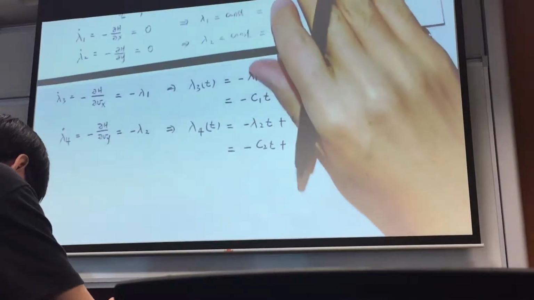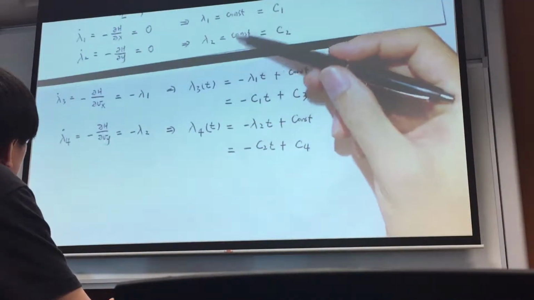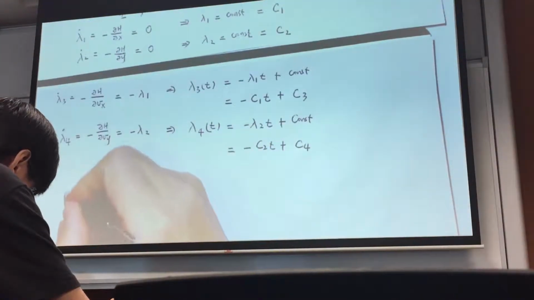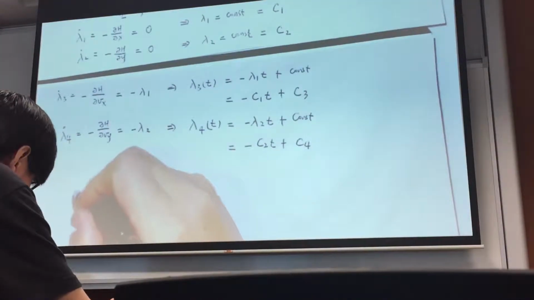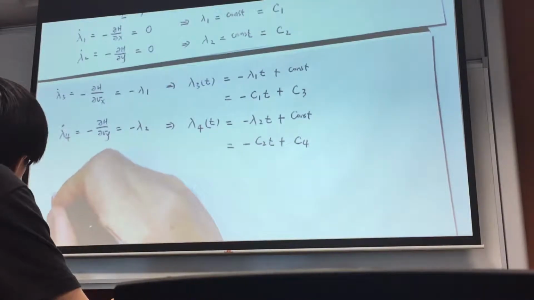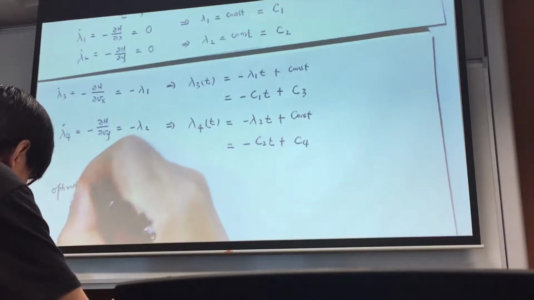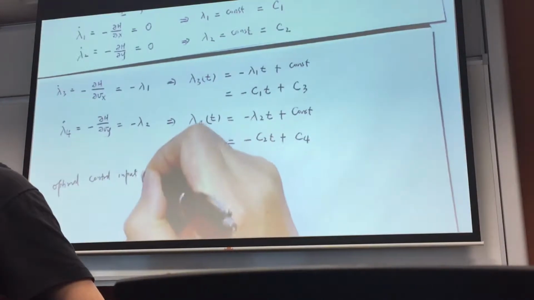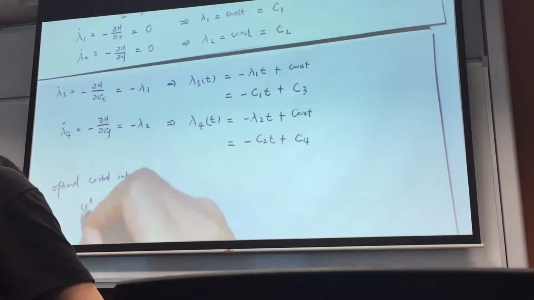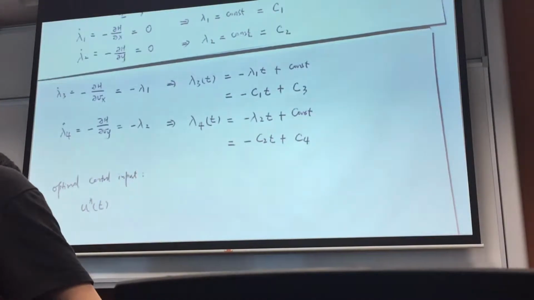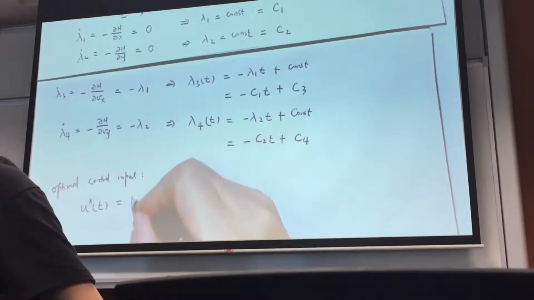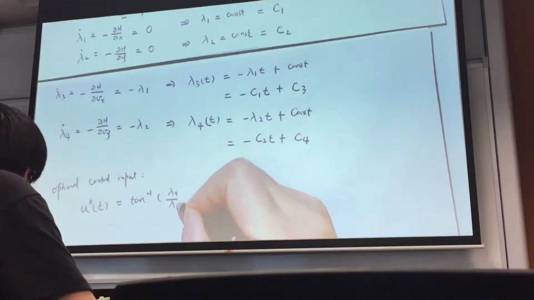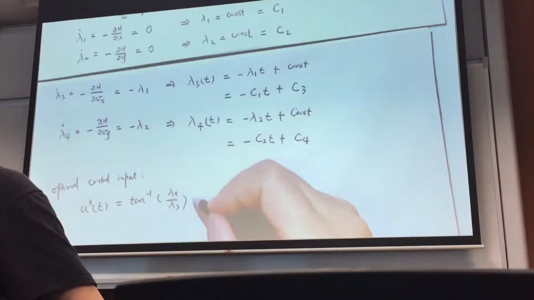So now we have the equations for all the Lagrange multipliers. Now we can recheck the control input. So our optimal control input, this u star of t, is given by arctangent of lambda 4 divided by lambda 3.